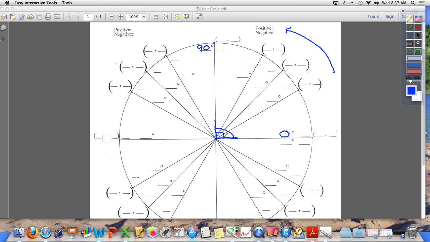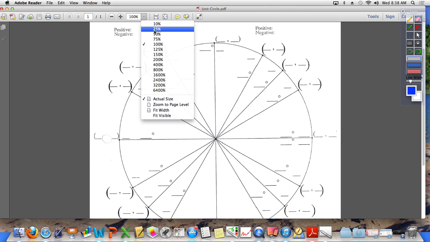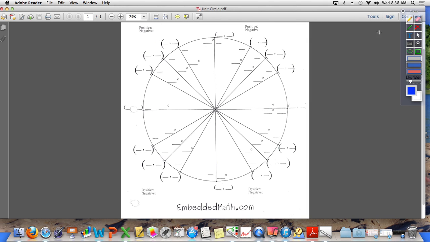Now, if I keep going in a counterclockwise direction and I end up over here on the far left, that is another 90 degrees, which would put me at 180 degrees. And then if I rotate another 90 degrees, you are going to be at 270 degrees. I'm going to shrink this just a little bit.